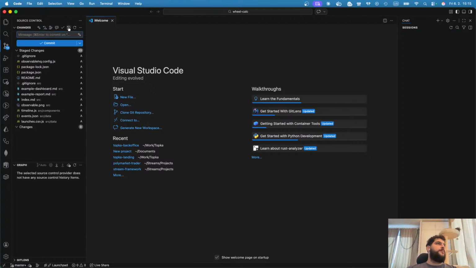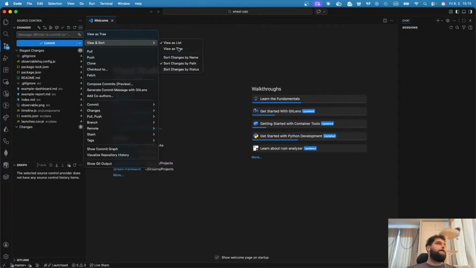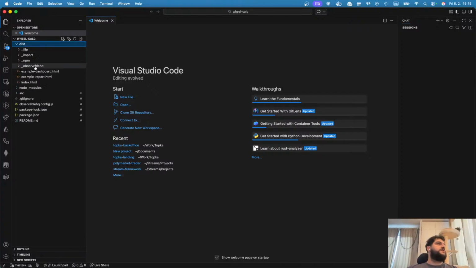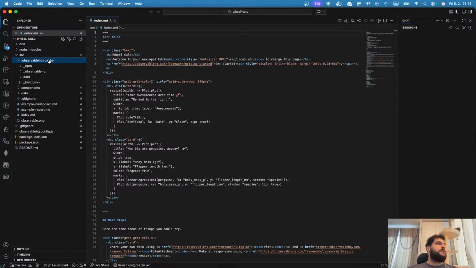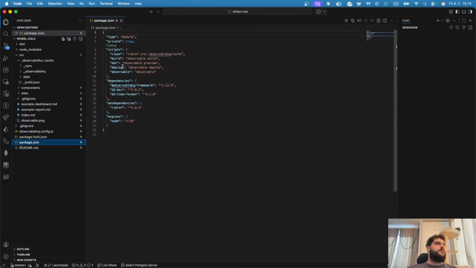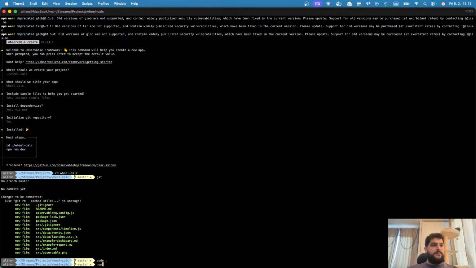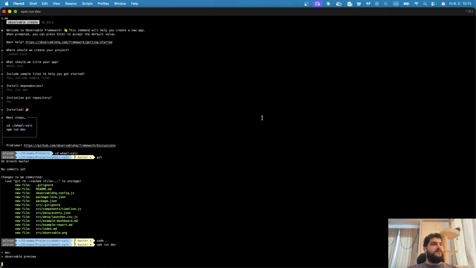Okay, let's take a look what's in the repo. We have this dist here, which is basically, I think, the build files, node modules, packages, and scripts for development, deploy, preview. So let's call it dev. npm run dev.